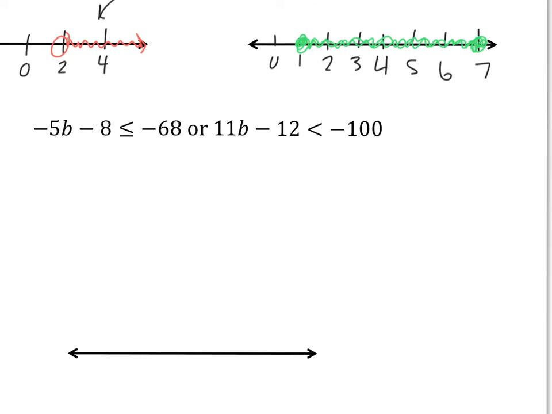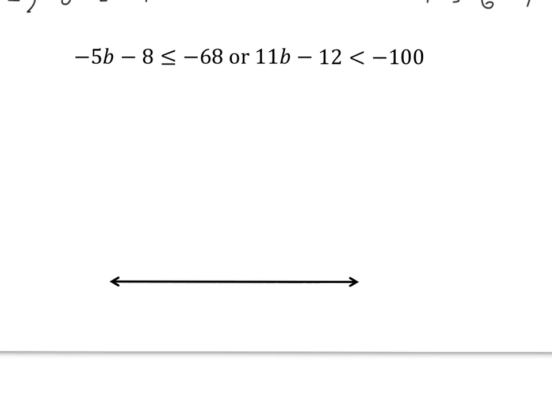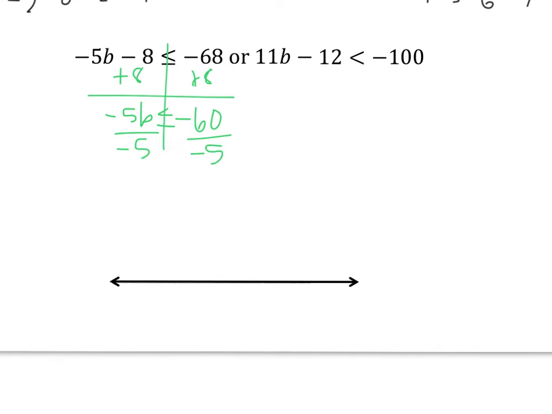Okay, now for this example, we have quite a bit going on, but let's go ahead and break this down and solve both of the inequalities, and then it is an or statement, so we should see a gap in our two solutions. So let's go ahead and solve this first one, and we'll add 8 to both sides. So -5b is less than or equal to -60. Divide by -5, and when I divide by a negative, I have to flip the inequality symbol.